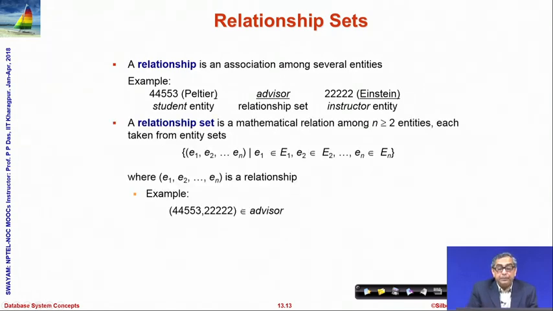So, a relationship is a mathematical relation among two or more entities, each taken from an entity set. You can see that it can have components E1, E2, En, and each entity E1 should belong to entity set capital E1, E2 should belong to entity set capital E2, and so on, and is called a relationship. We have already seen the advisor relationship as above.